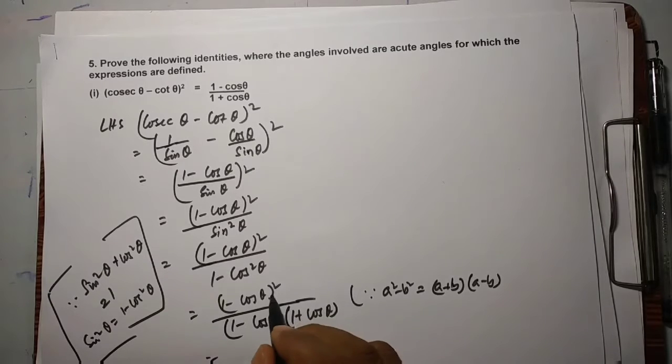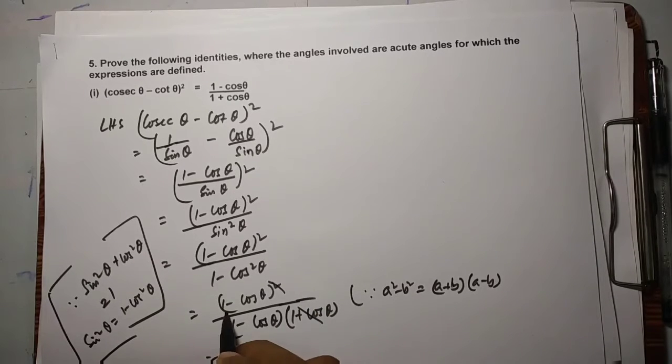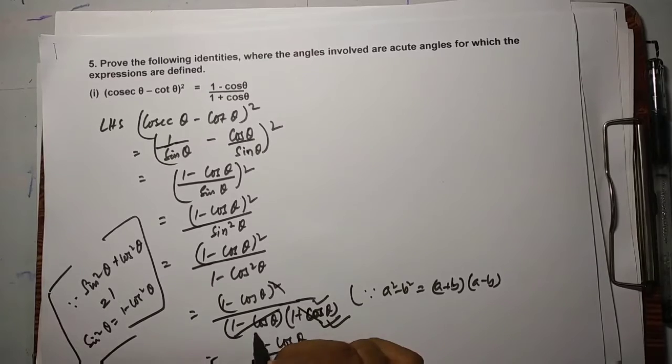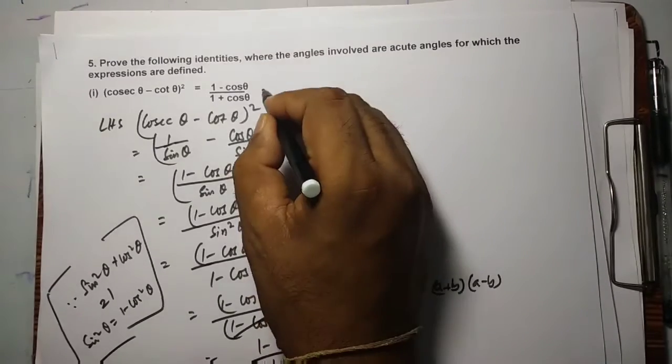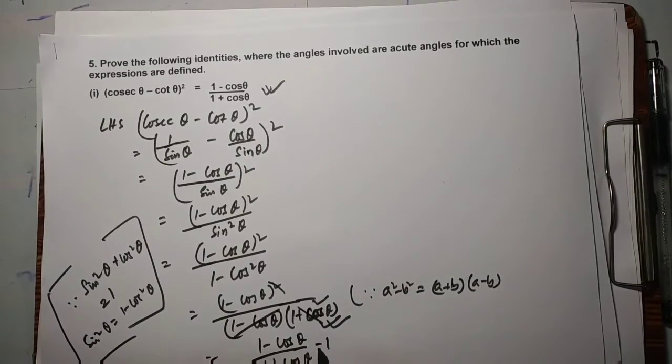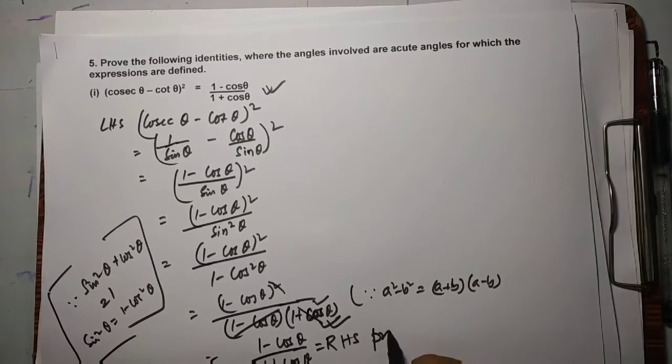So here, one power is cut because this is 1 minus cos theta and this is 1 minus cos theta, this is okay, this will be remaining. So 1 minus cos theta upon, this is okay, it will cut only by this. So 1 plus cos theta. So it is proved, right? So this is equal to RHS. Proved.